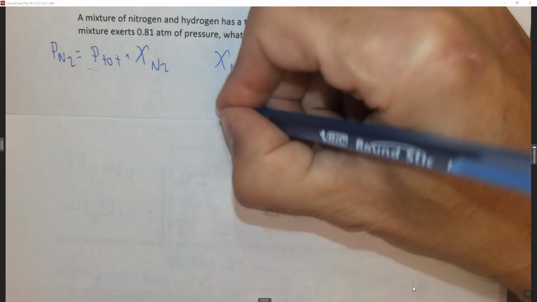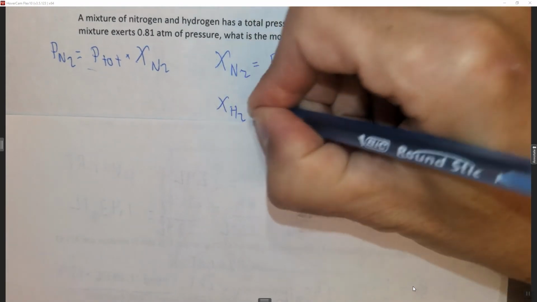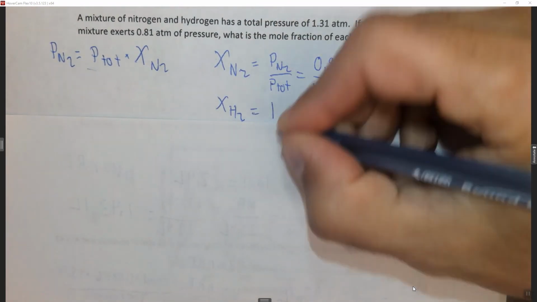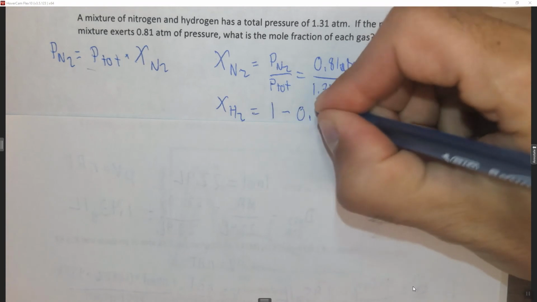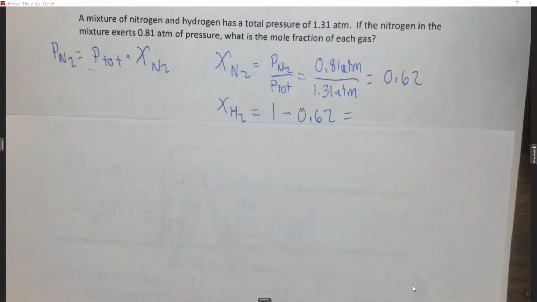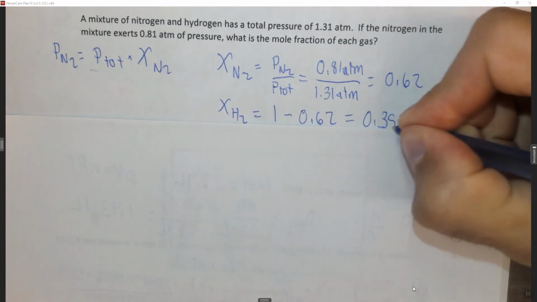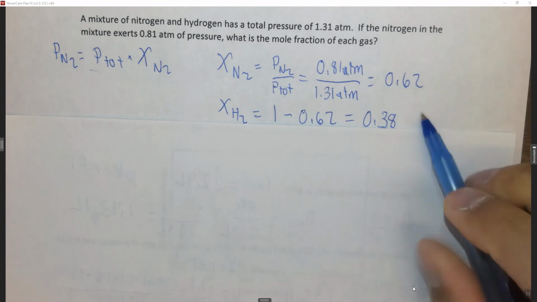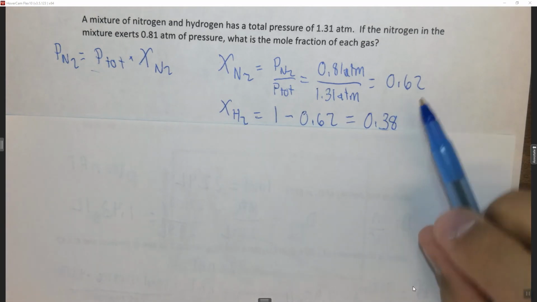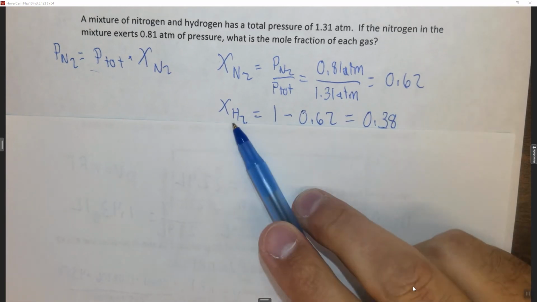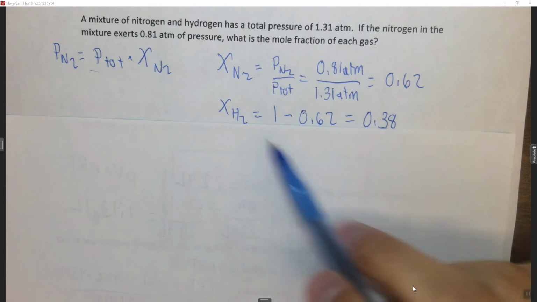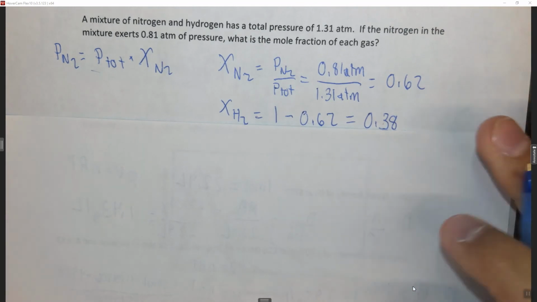So to find the mole fraction of hydrogen, we want to take 1 instead of 100 minus 0.62, which is 0.38. So by moles, it's 62% nitrogen, so its mole fraction is 0.62, and by moles, it's 38% hydrogen, so its mole fraction is 0.38.